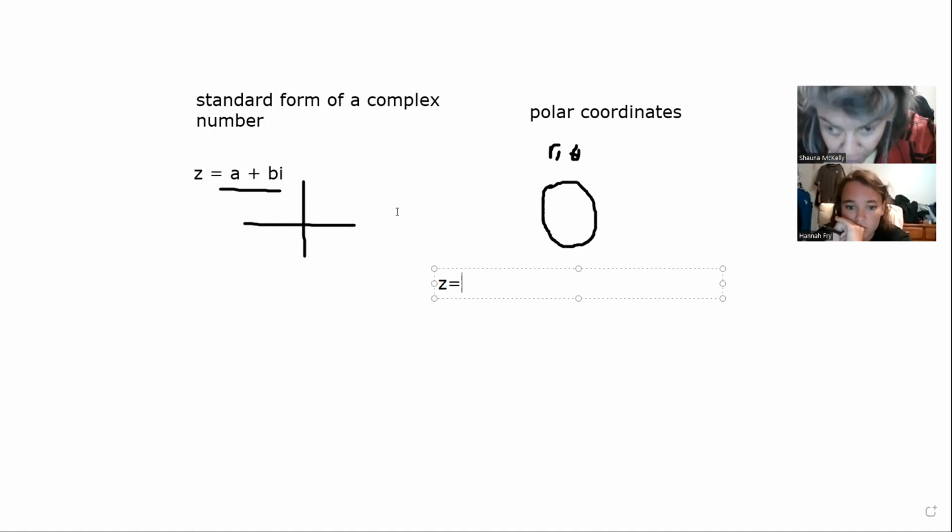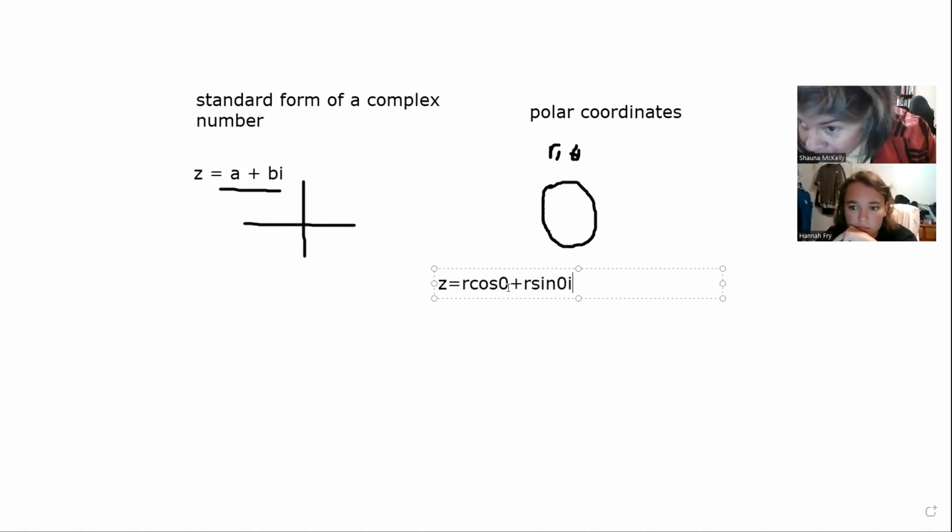I'm going to write it like this: R cosine theta, and I'm going to use my zero trick because I don't have a theta on the Zoom keyboard, plus R sine theta. We hardly ever write it this way except when we introduce it, but we write it like this: R cosine theta plus R sine theta I.